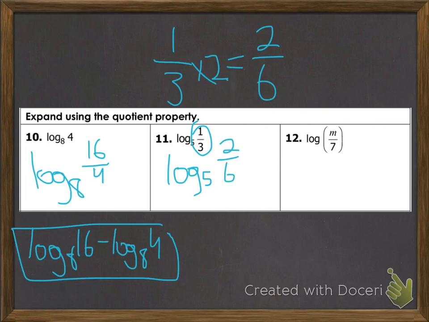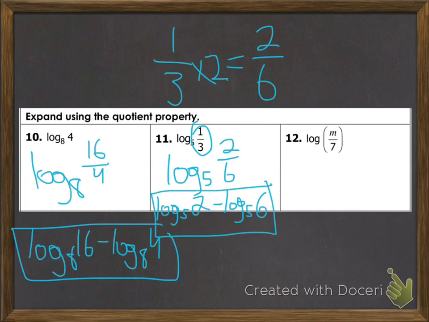So we have log base 5 of 2 divided by 6. Let's go ahead and expand it. Now we're going to have log base 5 of 2 minus log base 5 of 6. Final answer. And like I said, there are potentially multiple answers. This is just the one I chose.